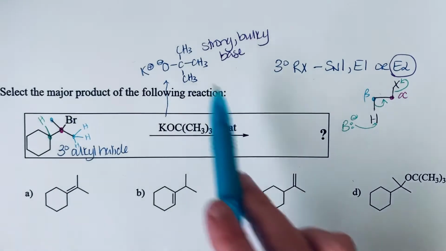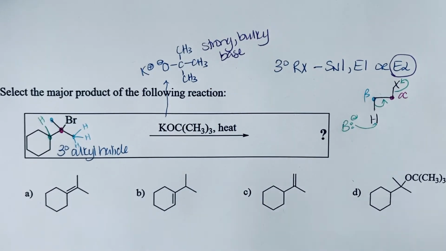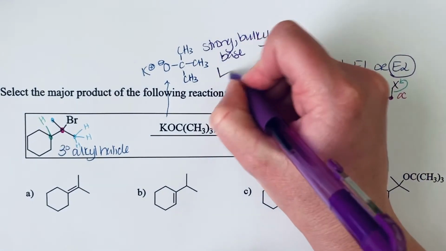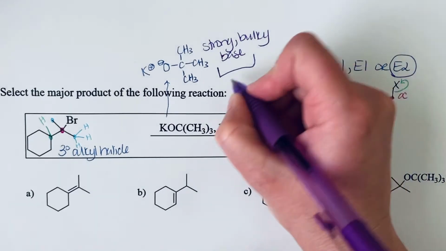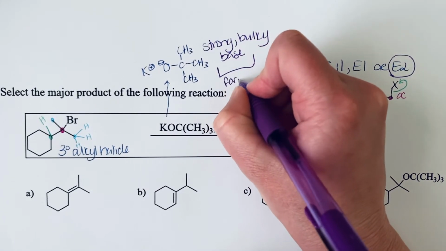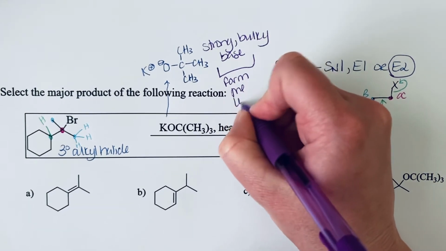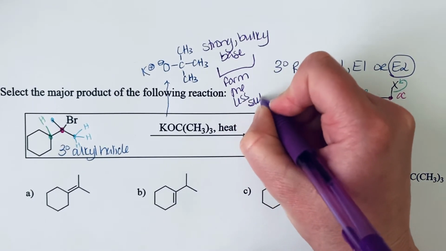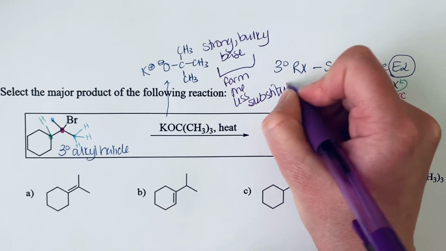What's going to happen with the bulky base is it's going to remove a hydrogen from a beta carbon, but it's going to favor the less stable, less substituted alkene, just because of steric hindrance. So a bulky base tends to form the less substituted alkene.